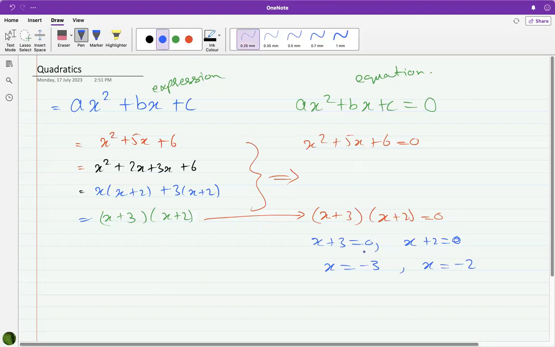For an equation, you need to factorize and give the numerical value of the unknown. And in case of expression, only factors. This method was known as middle term breaking.